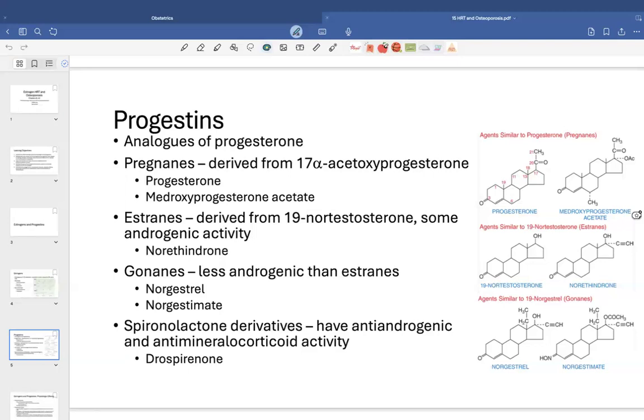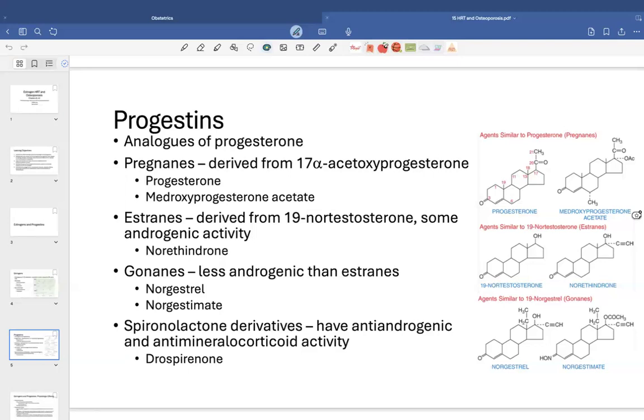But just stepping back, progestins have a number of different chemical classes, starting with pregnanes. That's derived from acetoxyprogesterone. The one that we use most frequently is medroxyprogesterone acetate, which is this one here.